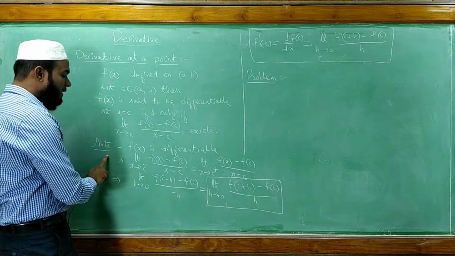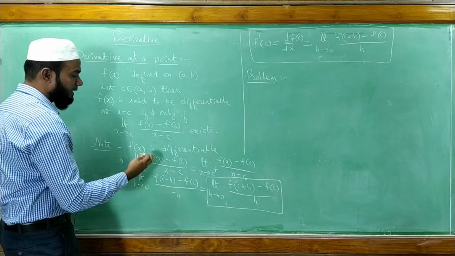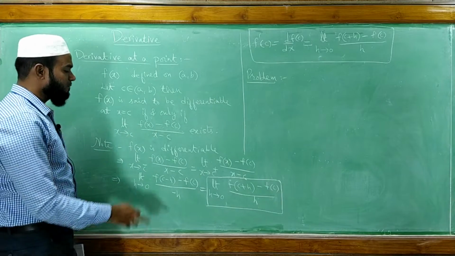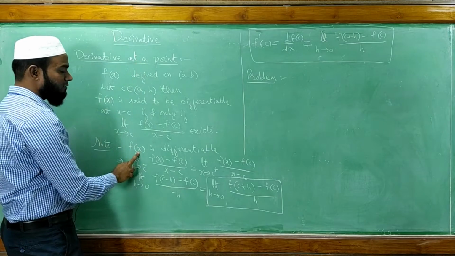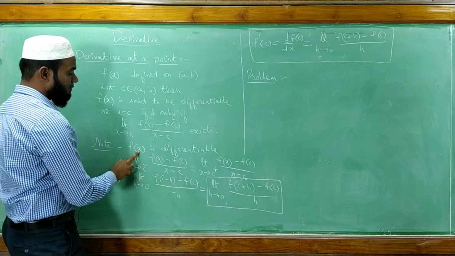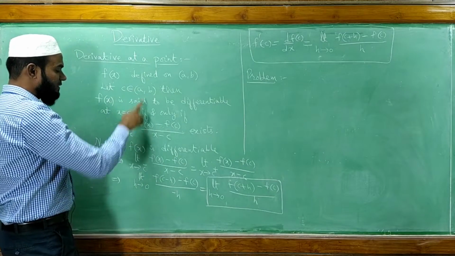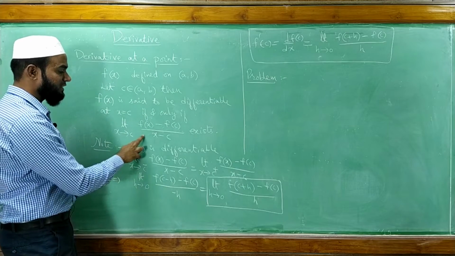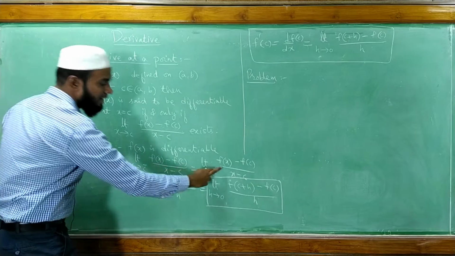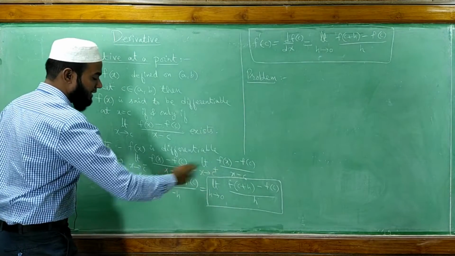I am making a note here that throughout this topic, derivative, we will consider f of x to be differentiable. If f of x is differentiable, according to this definition, this limit should exist. If this limit exists, then left hand limit and right hand limit should be equal, that I am writing here.